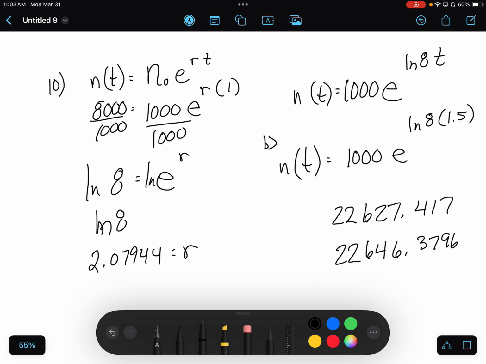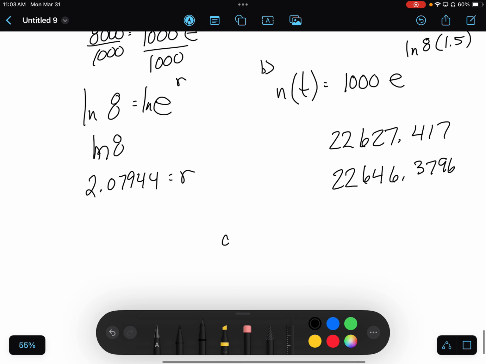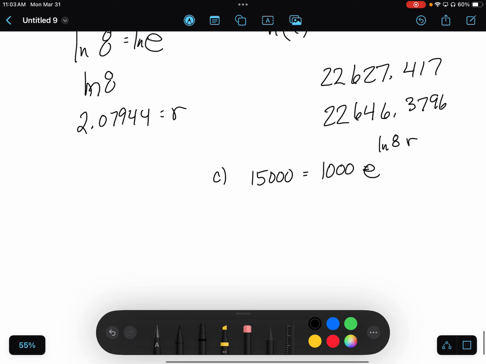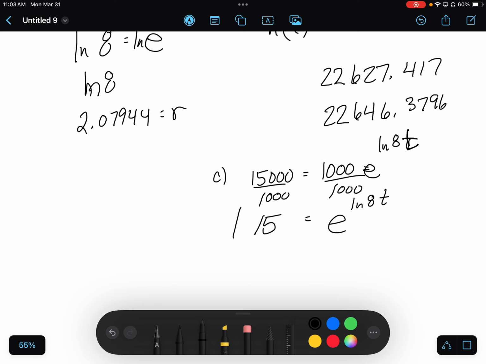Okay. That's part B. C, how many hours will it reach 15,000? So 15,000 goes here. 1,000 goes there. E, ln of 8, R, T. If I divide by 1,000, what's 15,000 divided by 1,000? Good. Natural log both sides.